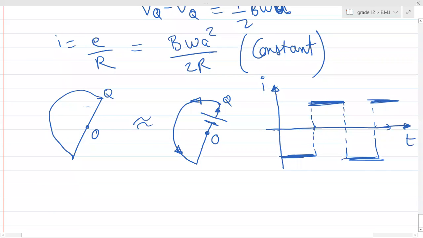So why do we say it as constant? Because B was constant. Every term which is there in current is constant. Right? We are not changing the magnetic field. We are not increasing or decreasing the angular speed. The radius is same.